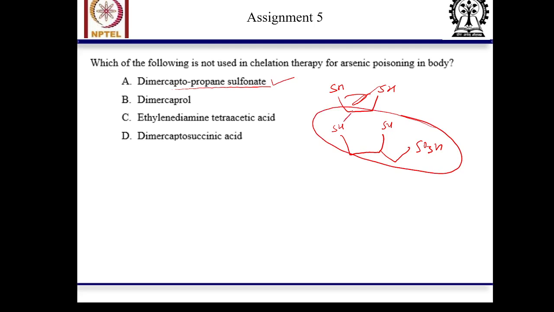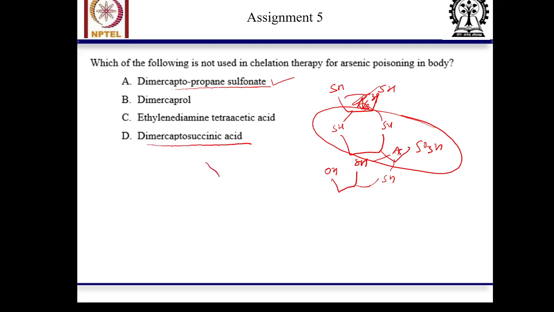So this is correct. Dimercaprol, because this has the sulfur which will bind the arsenic and form a chelate. Again dimercaprol, it is like this, SH. Here again we have these two sulfurs to form a chelate ring with arsenic. This we have a dicarboxylic acid.